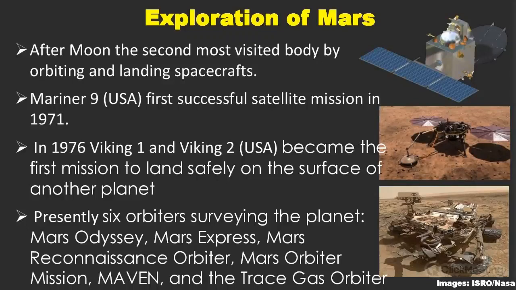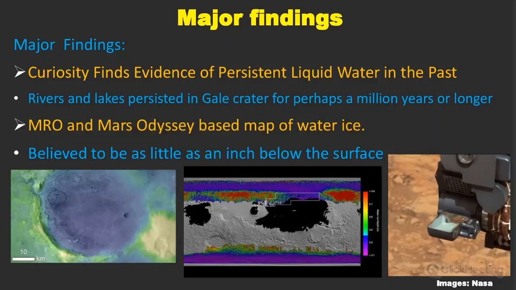This is one lander, and here is a rover, almost car-sized, exploring the surface of Mars. We have several missions starting from the 1970s, and now have a good understanding of how this planetary body evolved, but many open questions remain.